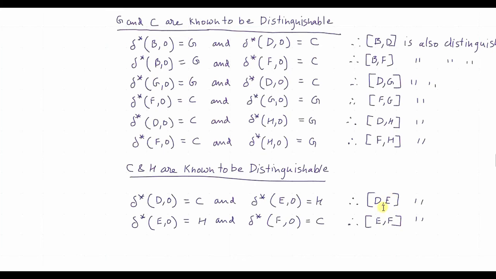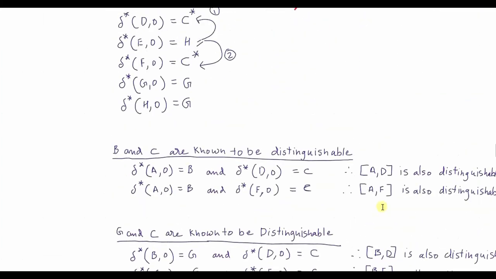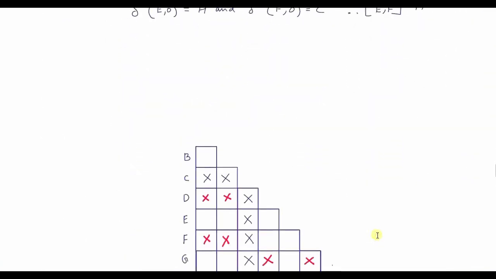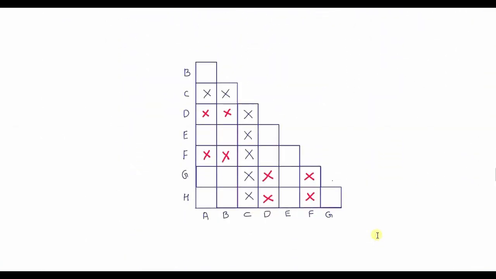Okay, so let's begin. So first state that I am going to add is D comma E. Okay, and I will also mark D comma E cell. So you will have E comma D or D comma E comma D cell, that is this, will be marking.